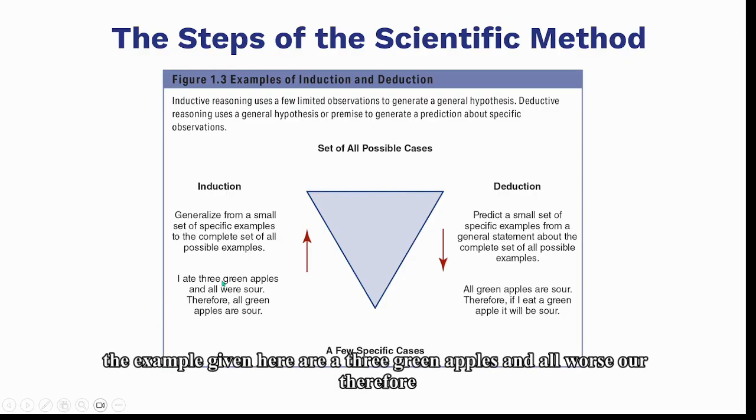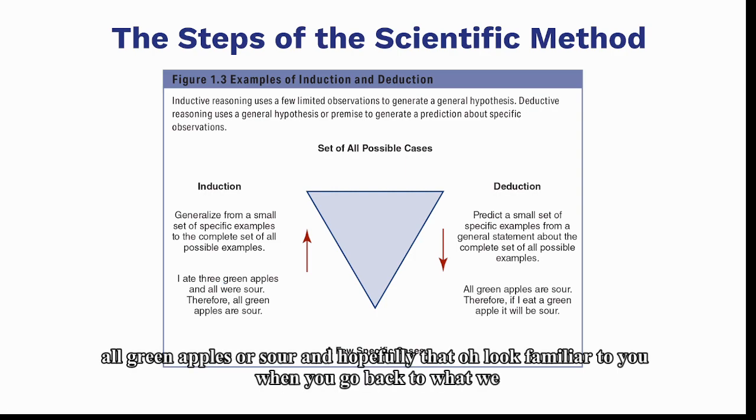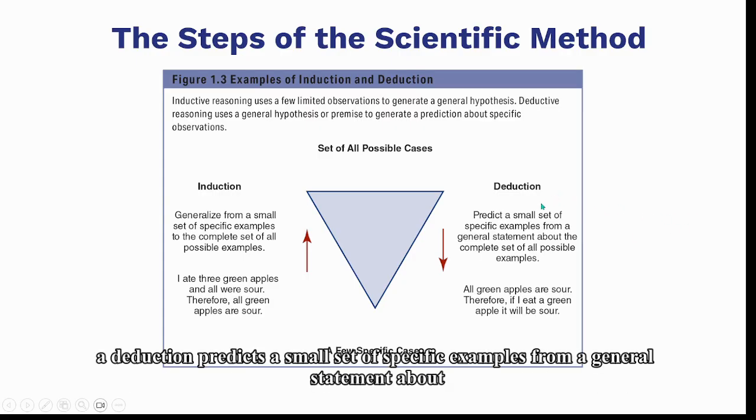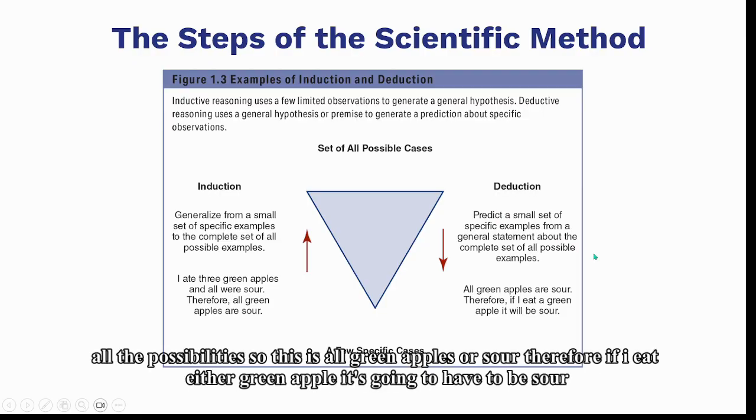So the example given here are, I ate 3 green apples and all were sour, therefore all green apples are sour. And hopefully that'll look familiar to you when you go back to what we talked about earlier with the 3-year-olds in the dark, right? A deduction predicts a small set of specific examples from a general statement about all of the possibilities.